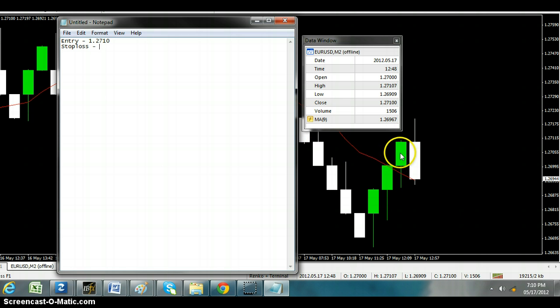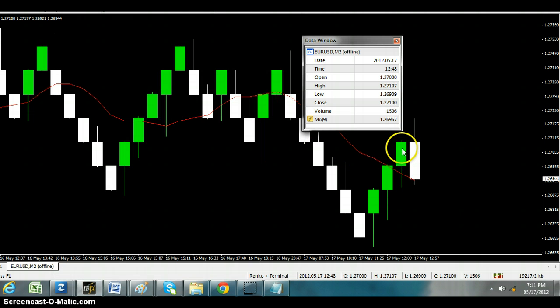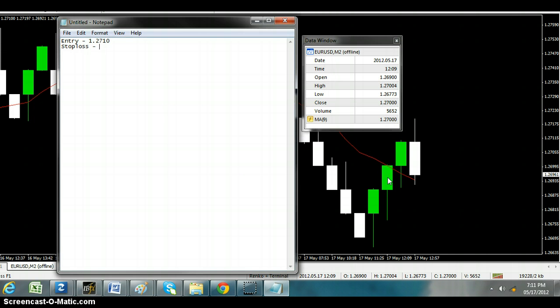As per the rule, the green candle has been the long setup, the previous candle has also been green, so we have to take the open level of that as our initial stop loss. The open of that is 2690. So our stop loss is at 2690.